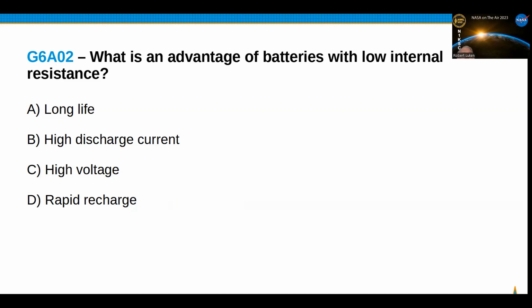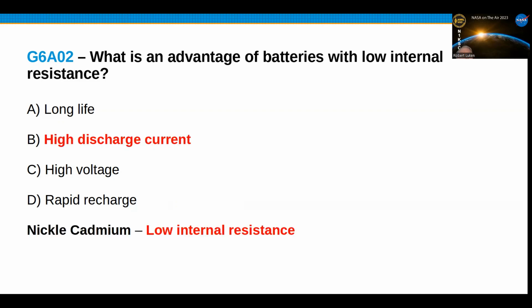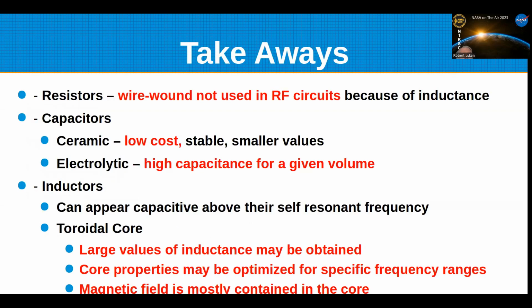What's the advantage of batteries with low internal resistance? Okay, so we don't use wire wound resistors in RF circuits because they're inductive. Ceramic capacitors are cheap.